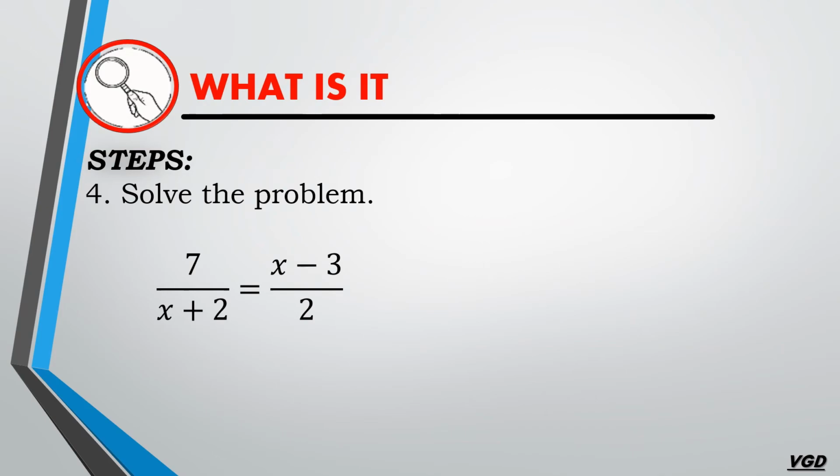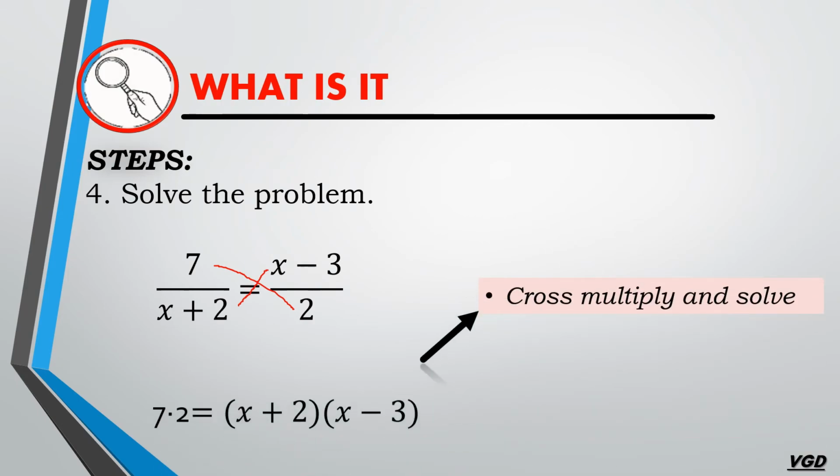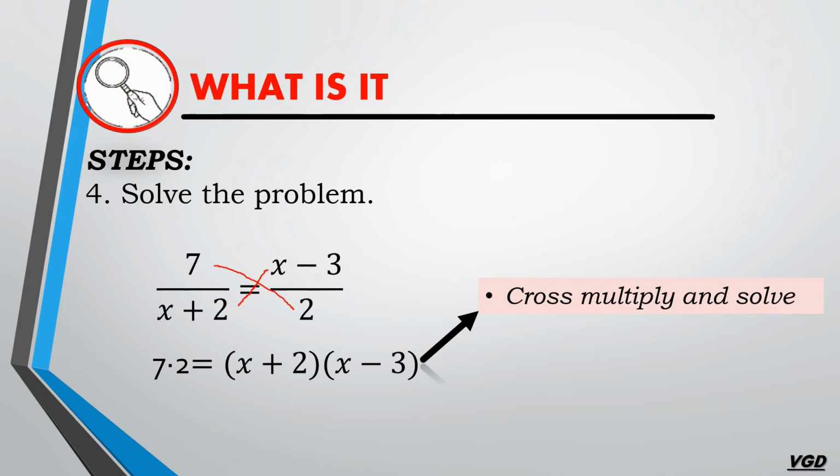Since these two rational algebraic expressions are proportional to each other, we just have to cross multiply 7 and 2, and x plus 2 and x minus 3. So 7 times 2 is equal to the quantity of x plus 2 times the quantity of x minus 3.